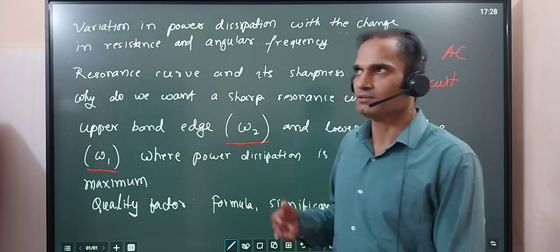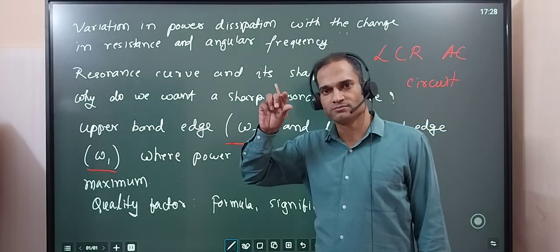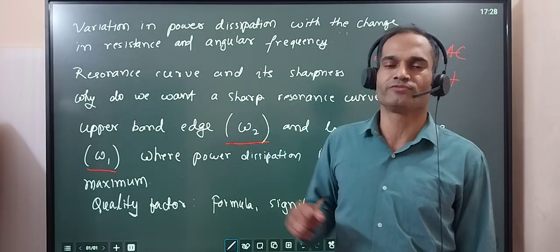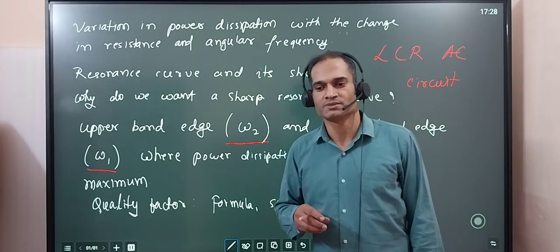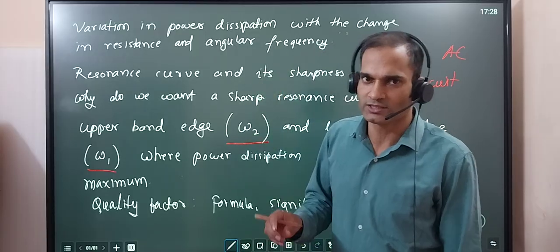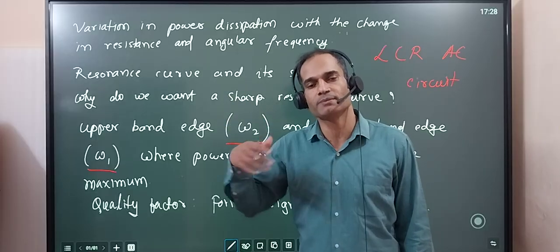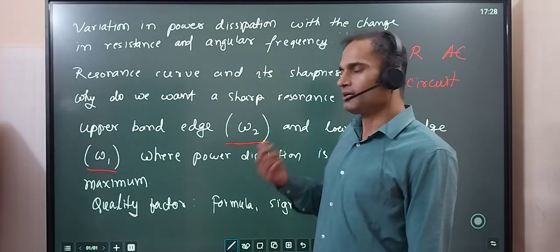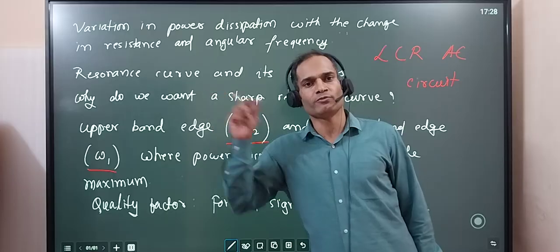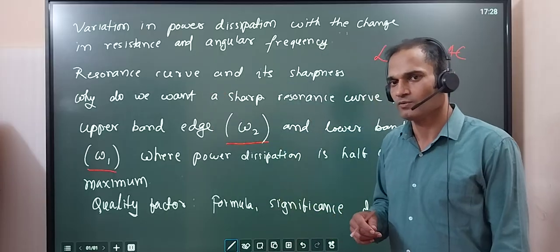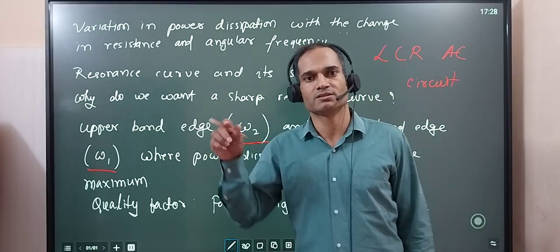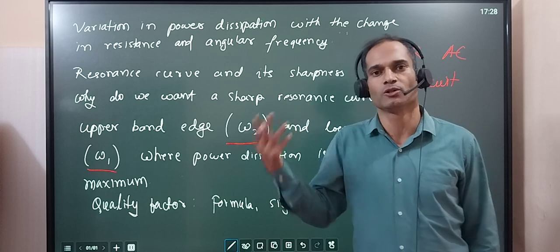For example, when you are tuning for FM or radio frequency, at some particular frequency you get the maximum power, you get the maximum current, right? And when you go away from that frequency, power drops and the signal is lost.